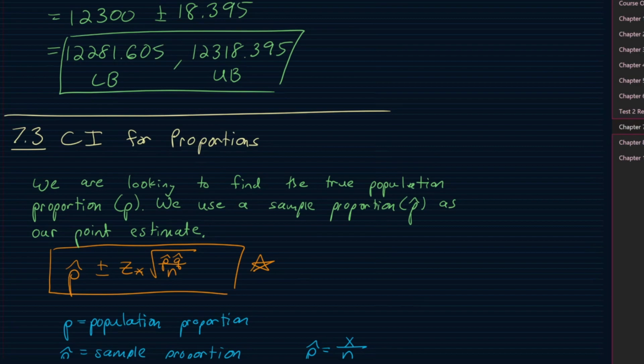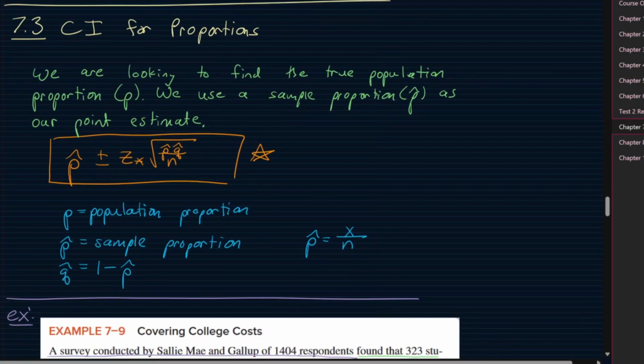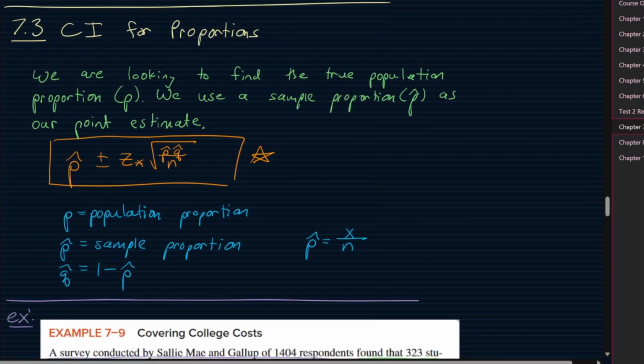It's called p hat plus minus z star times the square root of p hat q hat over n. Again, remember, p hat is the sample proportion. Q hat is 1 minus p hat because they're complements of each other, right? If 43% say yes, 57% say no. It's just always going to be that way.